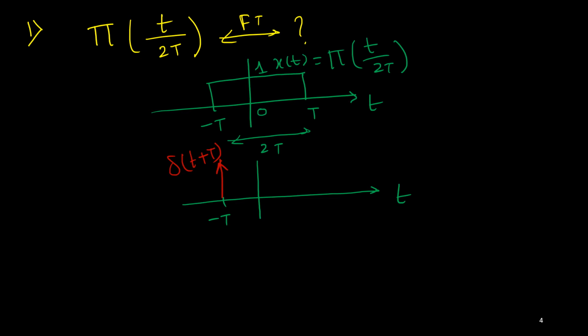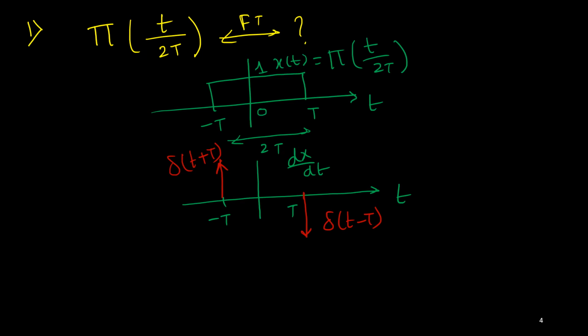Again at plus T you will have a sudden change from 1 to 0, so it's a negative change, a negative slope. This is again a delta function, located at t equals capital T. So this is your derivative dx dt.